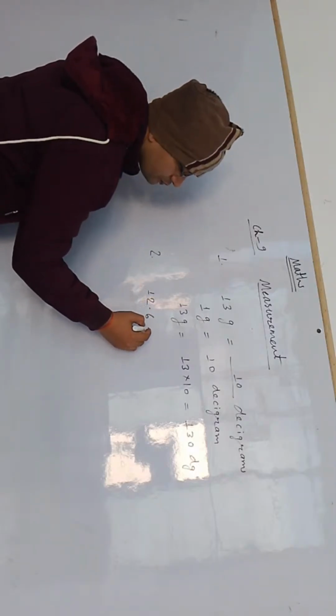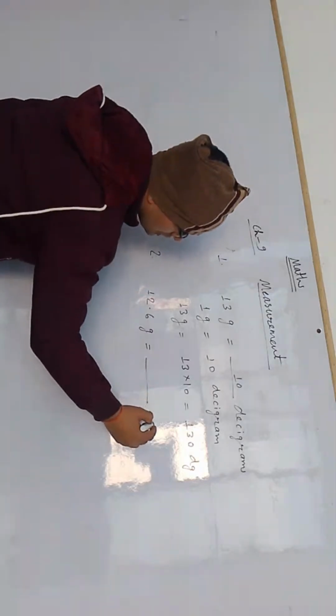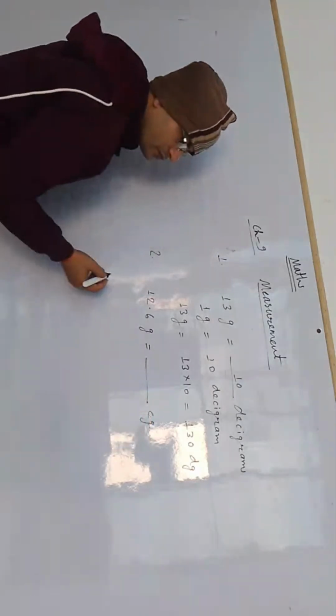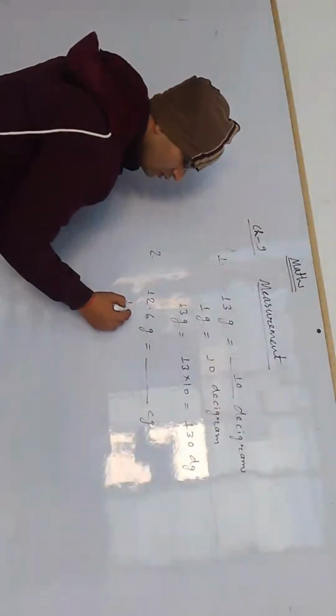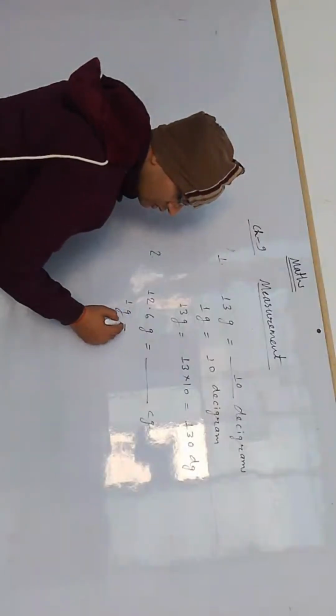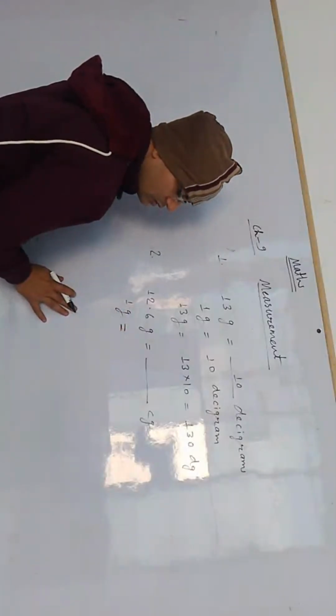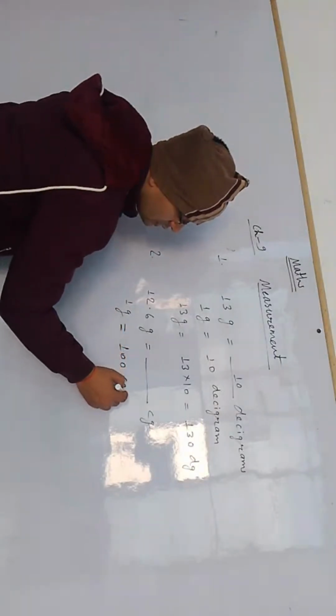12.6 gram is equal to how much centigram? Simply, 1 gram is equal to, I am giving you clue, 1 gram is equal to 100 centigram.